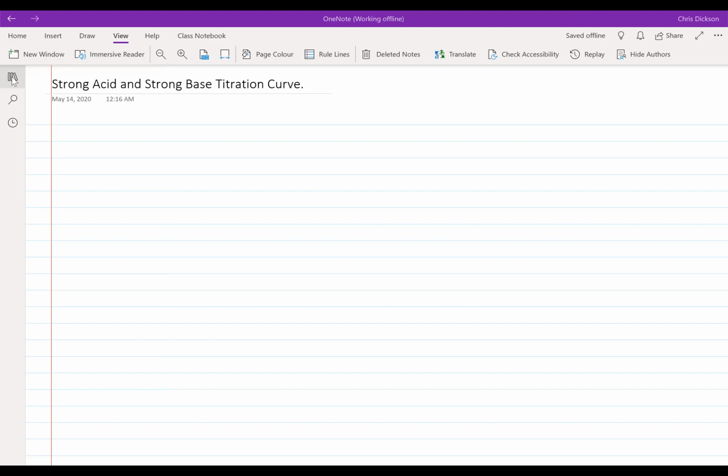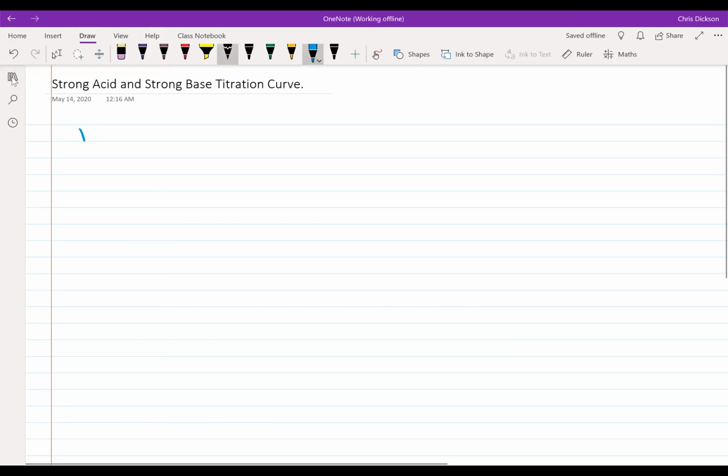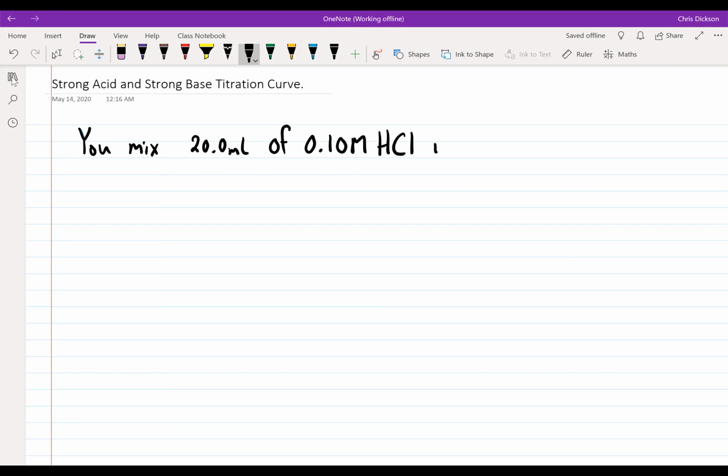Let's say you mix 20 mils of 0.10 molar HCl with 10 mils of 0.10 molar NaOH.